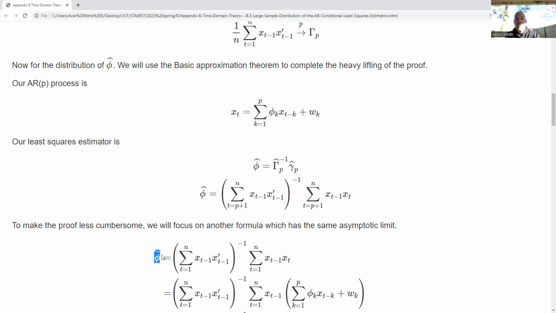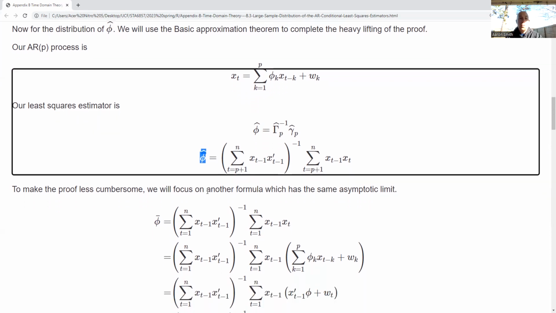So I'm going to do the proof for this, but then we're going to get the same convergence result either way. So in the proof, I'm going to go with the version that is easiest to work with, and asymptotically in the limit, they're close to each other. So it's going to be perfect. It's going to be beautiful.